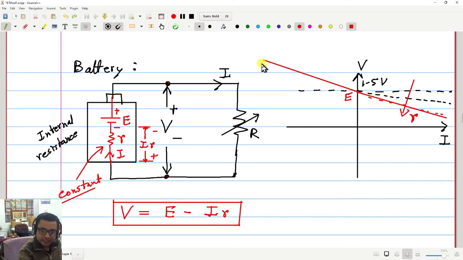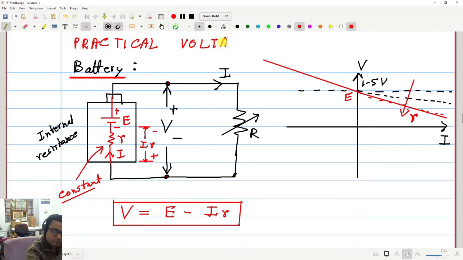So this is the voltage versus current graph of a battery. And we call this a practical voltage source. This is not an ideal voltage source.